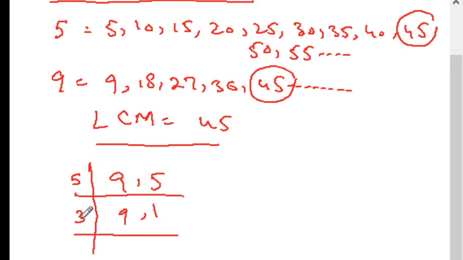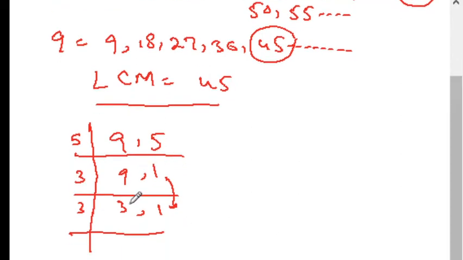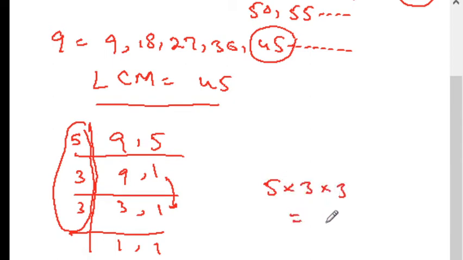Then, I have told you, always use prime numbers here. So we divide 9 by 3, and the 1 is not divisible by 3, so bring the 1 down as it is. That's the procedure. Now 3 here, so 3, 1 and 1. What is the LCM here? The LCM is 5 into 3 into 3.